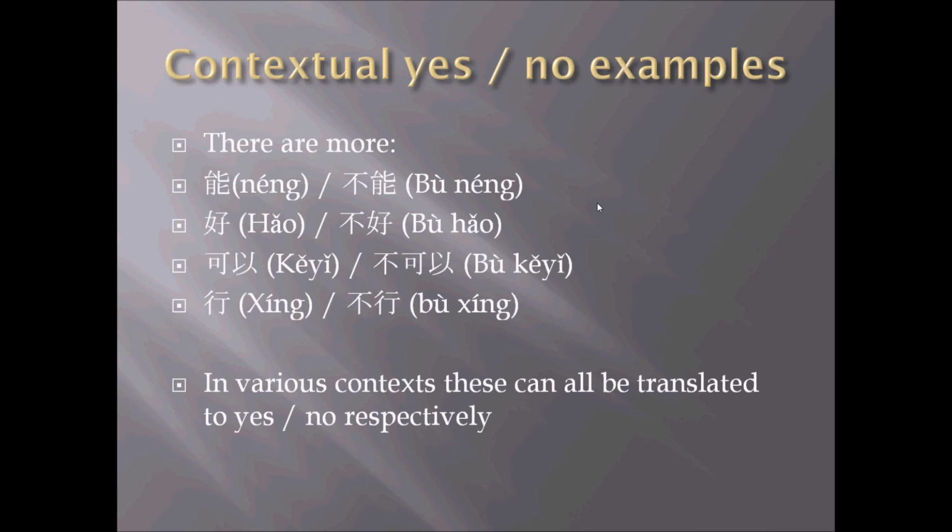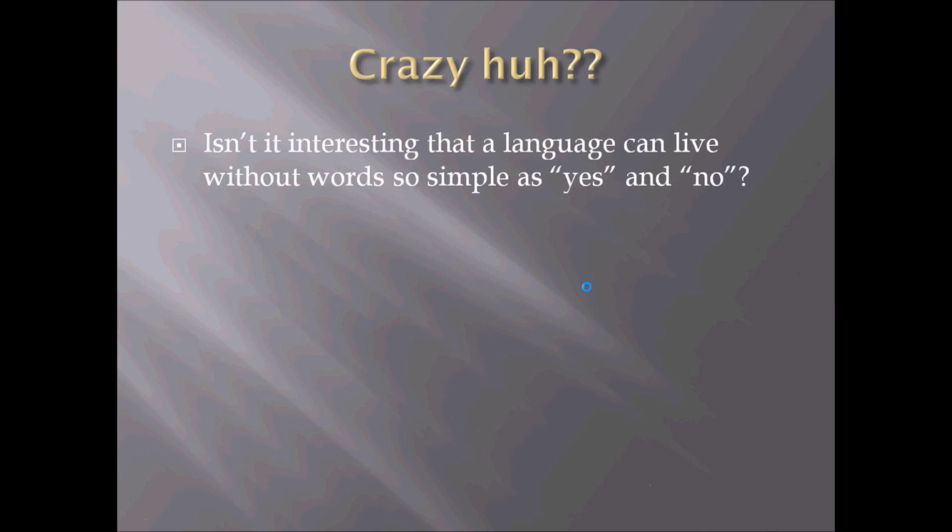If you are asking if something is good, you could say 这个好吗? And if you want to say yes, it would be 好 or 不好, etc. So in all various contexts, depending on the question, these 能, 好, 可以, 行 and many others can all be translated to yes or no respectively. So it's quite interesting, isn't it?